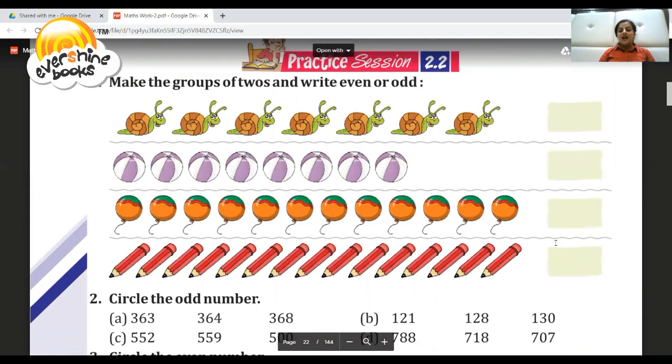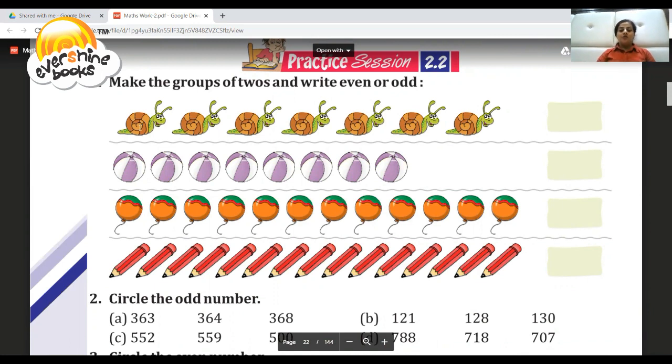So let's start our practice session 2.2. In that, we are going to count, make pairs, and after that recognize whether the number is even or odd.